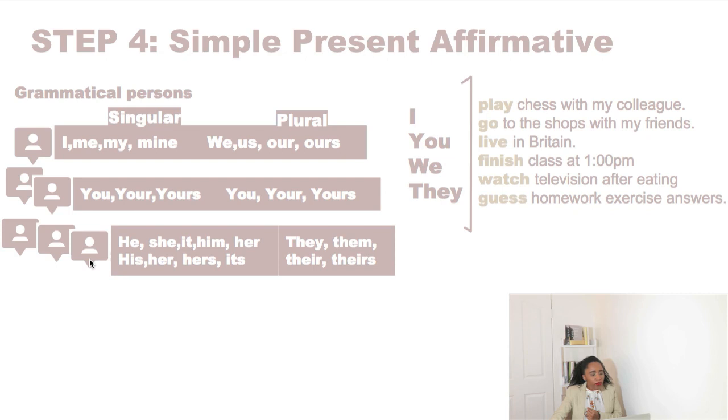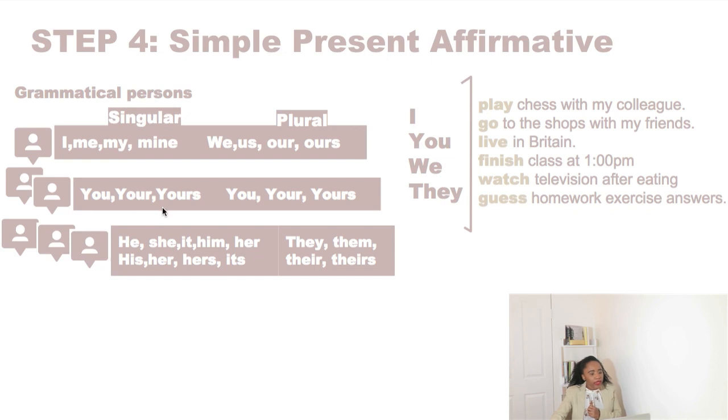And then you have the third grammatical persons, which includes speaking of other people, such as he, she, it, him, and her, as it applies to boy and girl.